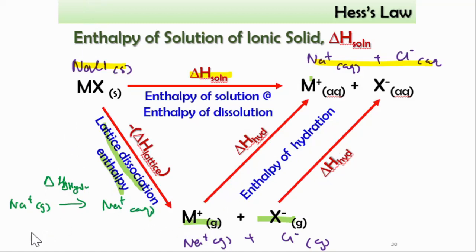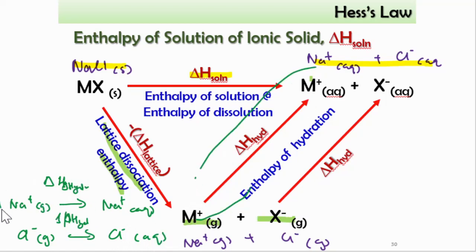And then the second one, Cl- gaseous ion undergoes enthalpy of hydration, kamu akan form Cl- aqueous. So basically equation dia yang ini macam ni. Untuk each gaseous ion akan convert into its aqueous form of ion.